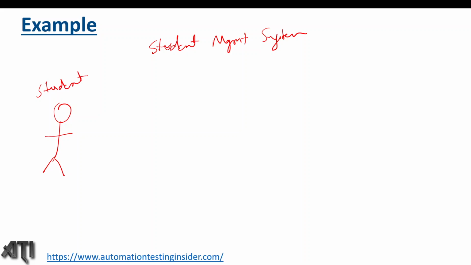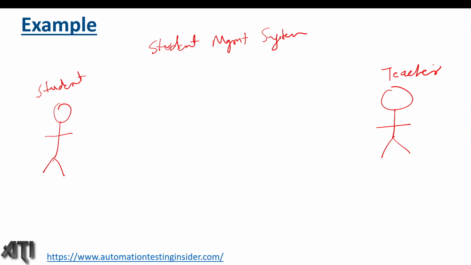Let me give you an example of diagrammatic use cases. Let's talk about a student management system. Here we have an actor, which is the student, and here we have another actor called teacher.